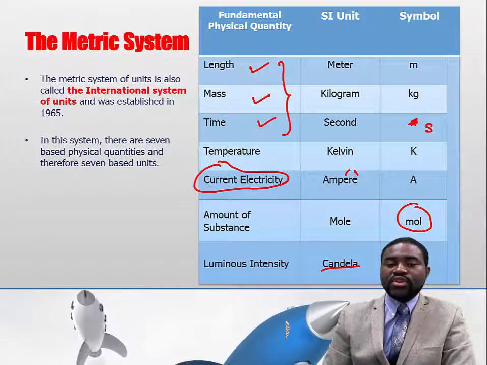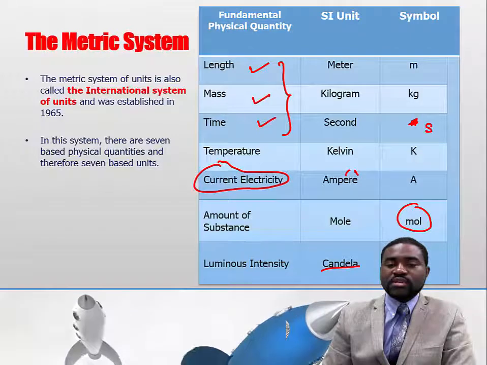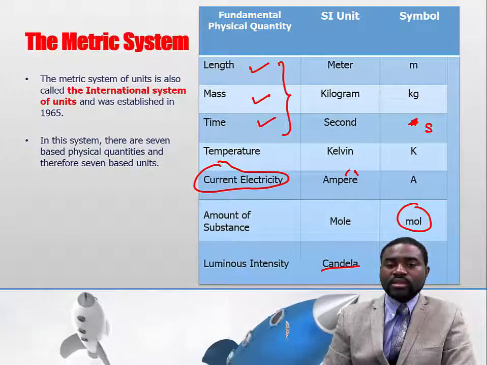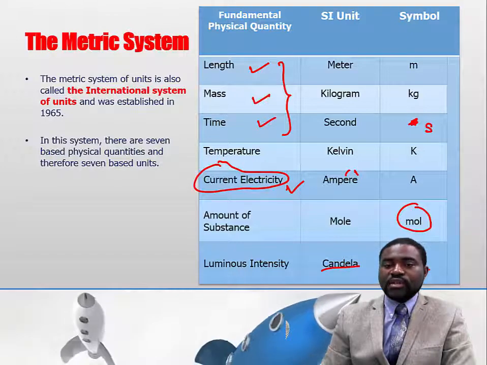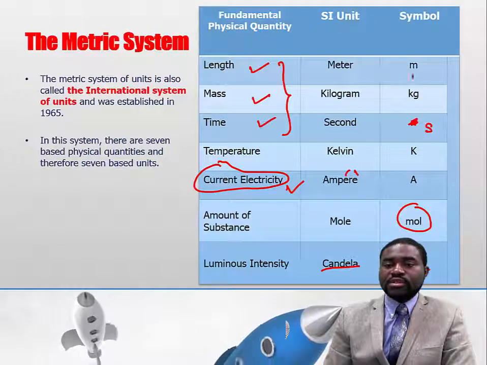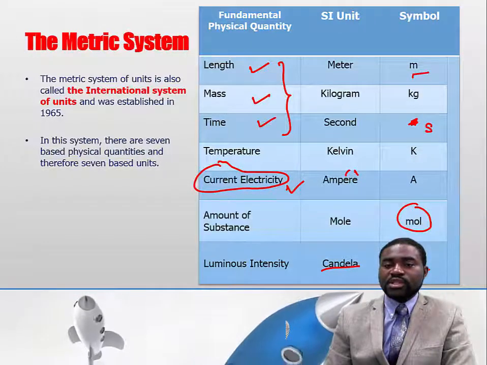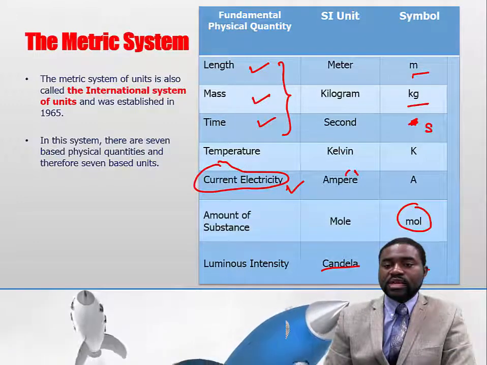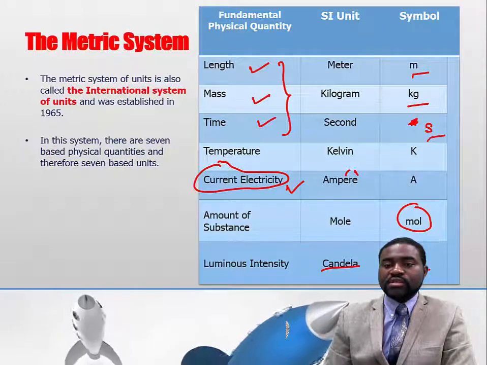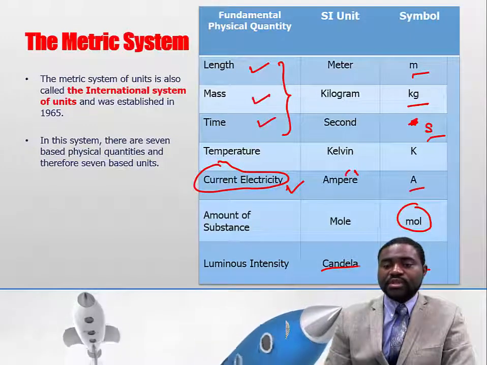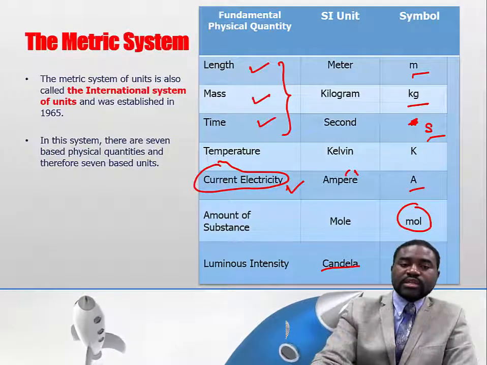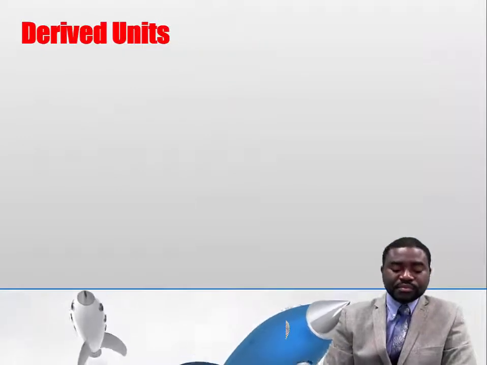And every other thing that you will see will be expressed in terms of length, mass, time, and electric current. Length is measured in meters. Mass is measured in kilograms. Time is measured in seconds. Electric current is measured in amperes, symbolized by the capital letter A.